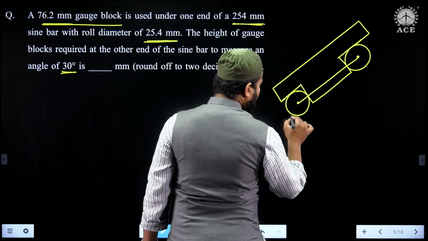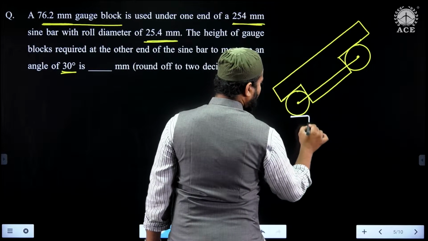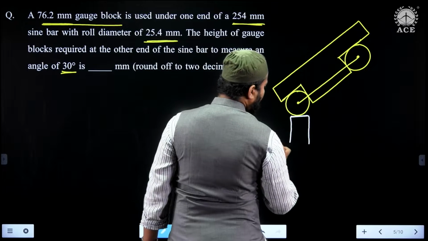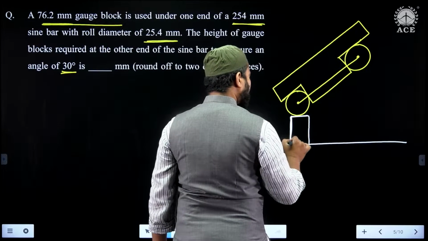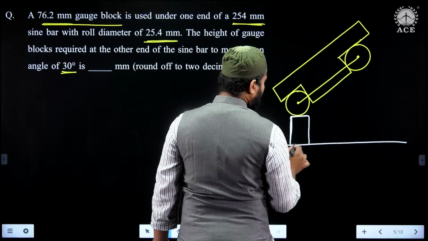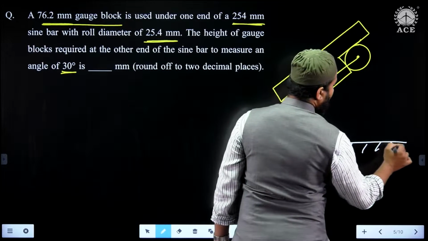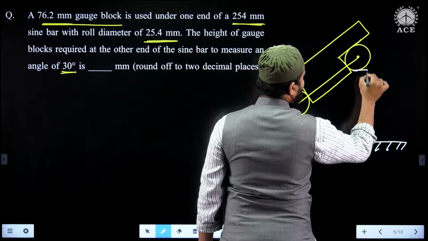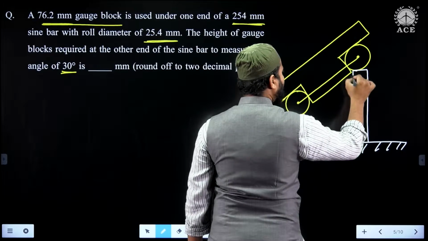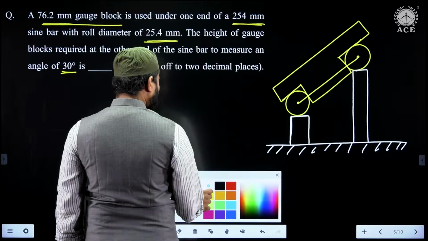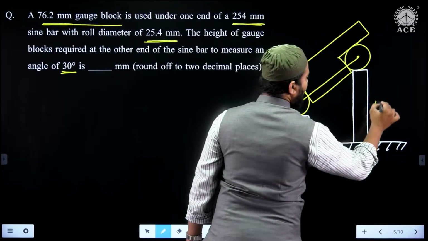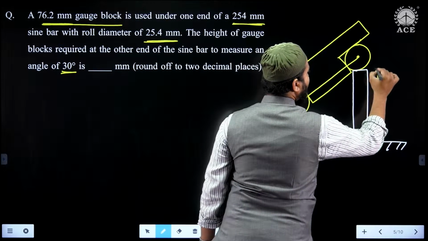At one end of the sine bar the height of slip gauge is given. Suppose consider this is the base and these are the height of slip gauges, and at another end they are asking what is the height of gauge block or slip gauges. So we need at the end this capital H value.